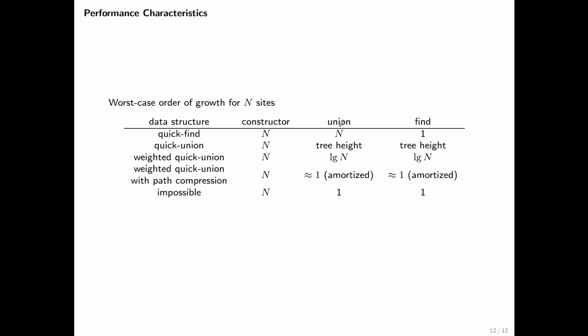So you can get the costs of union and find down to constant in the amortized sense. But what is not possible is to make it absolutely constant. Okay, so that's simply not possible. So the best that you can do with the union and the find operations is making them constant time in the amortized sense, which is what is done by this implementation of the weighted quick union with path compression.